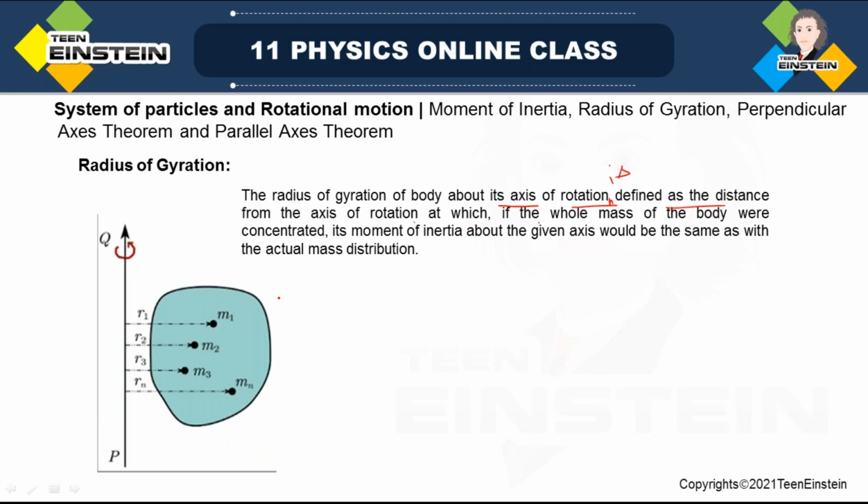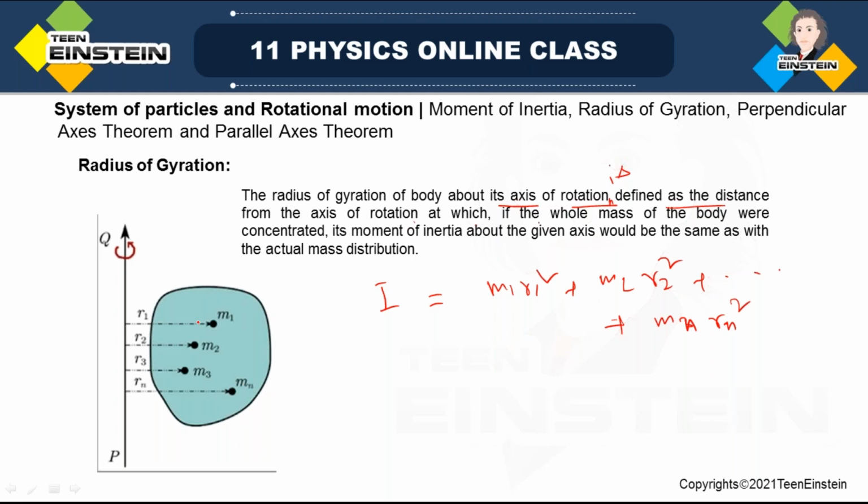So if I want to find the moment of inertia, what we have to do is write m1 r1 square plus m2 r2 square, and like that, find the total moment of inertia. This is one way to find the moment of inertia for a rigid body constituted by discrete masses.